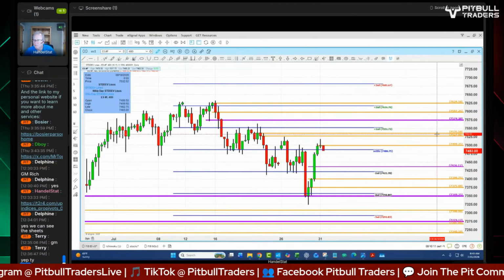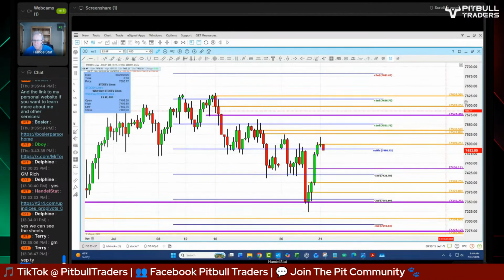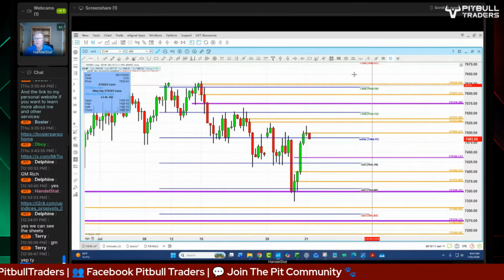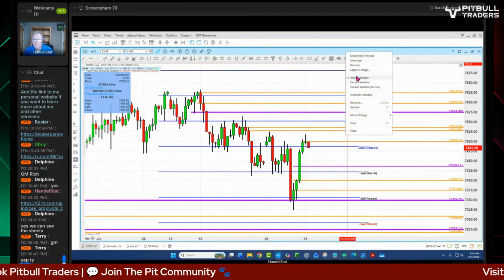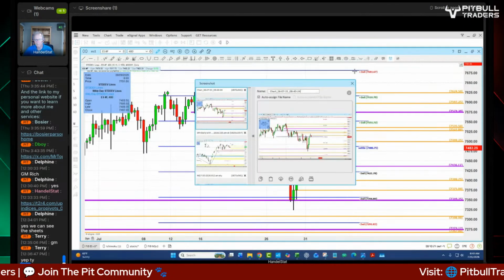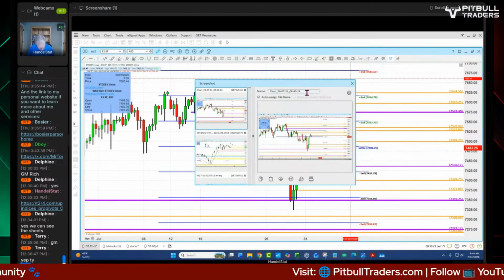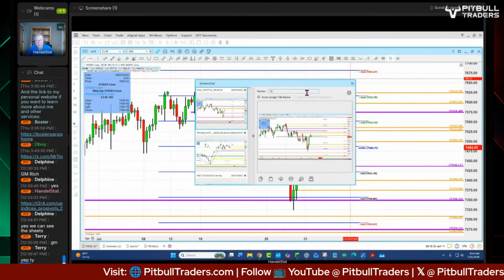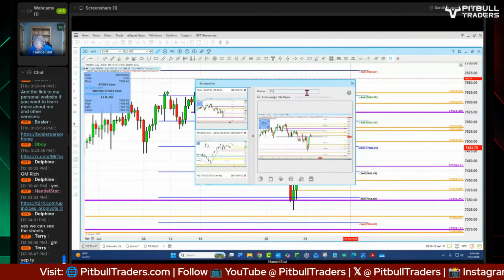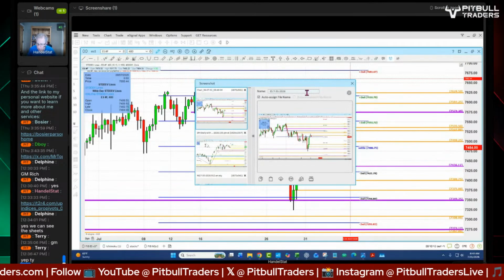So let me just save this page. Let me move this up a little bit. Capture image. Right there. Capture image. And this is BS 7-31-2026, and it is 840.